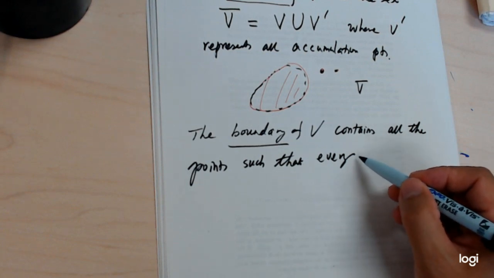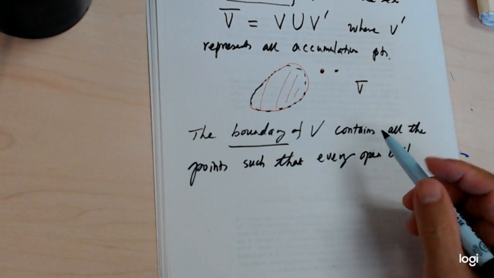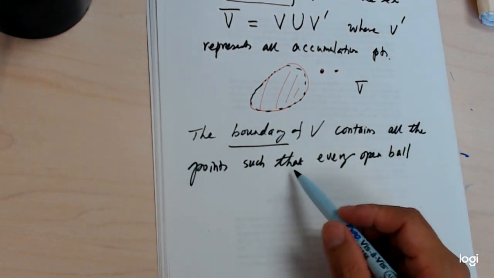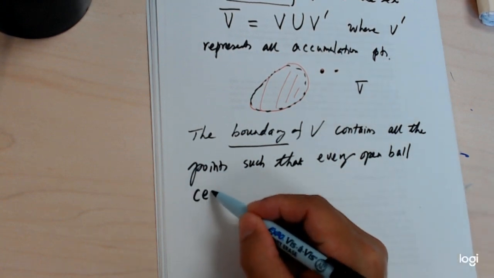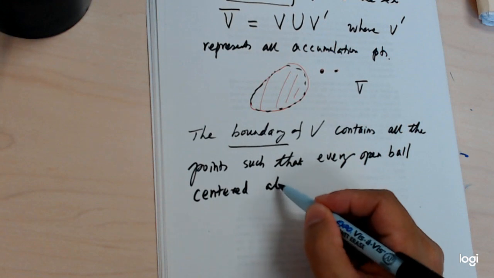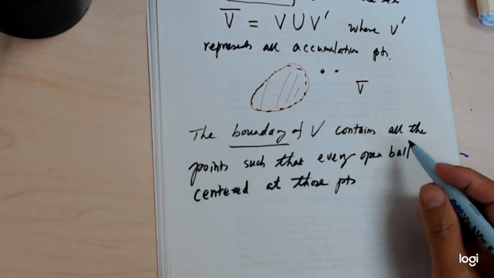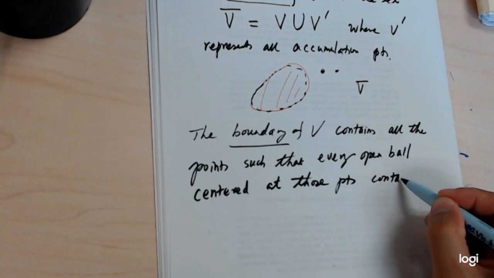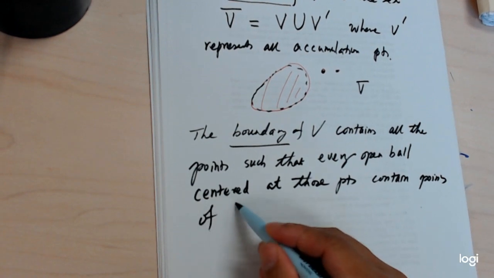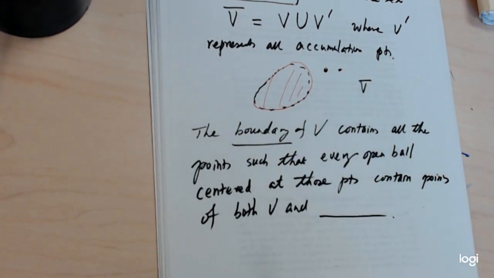Such that every open ball centered at those points contains points of both V and, guess what's back there?